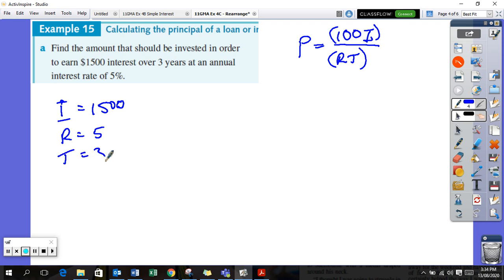The time is 3 years. So we're going to say P equals 100 times 1,500 divided by 5 times 3. And we could just about do this one without a calculator, but we want 100 times 1,500 divided by 15. So we have to put away $10,000.